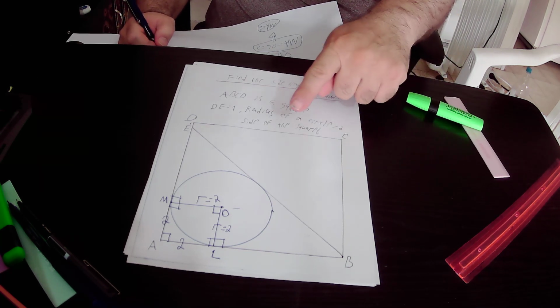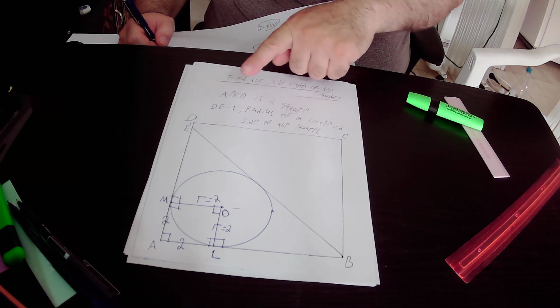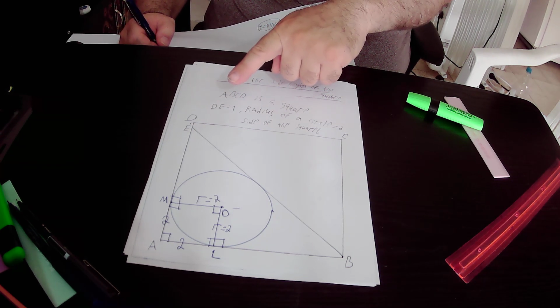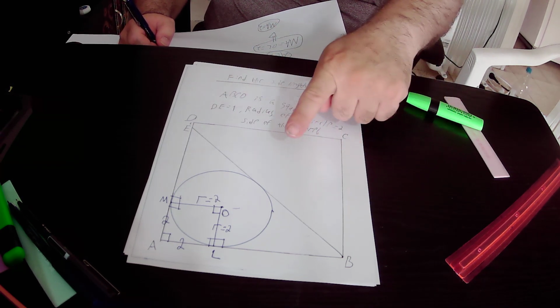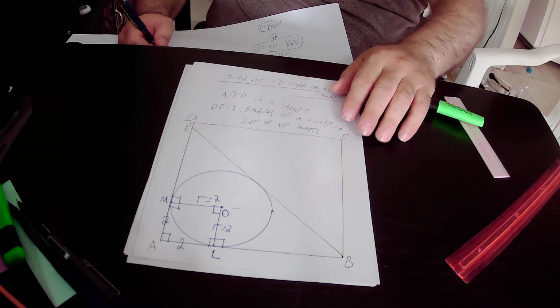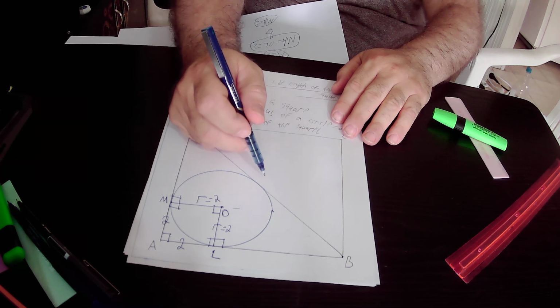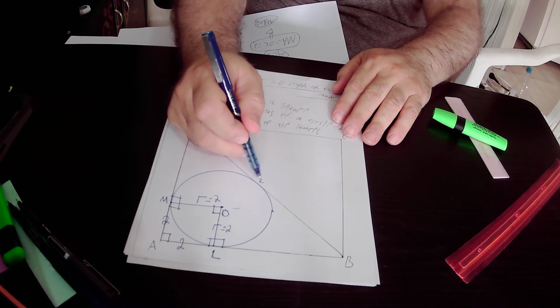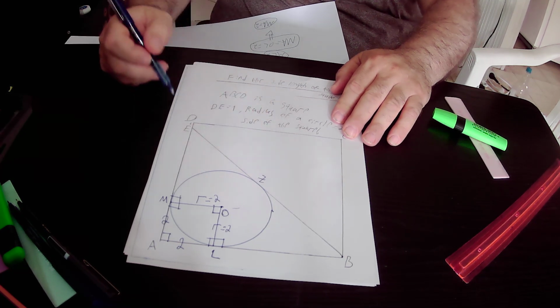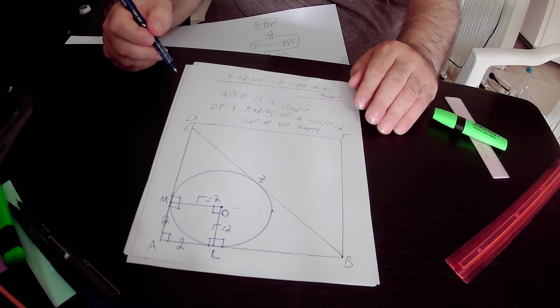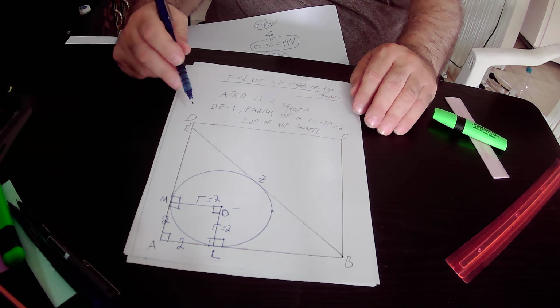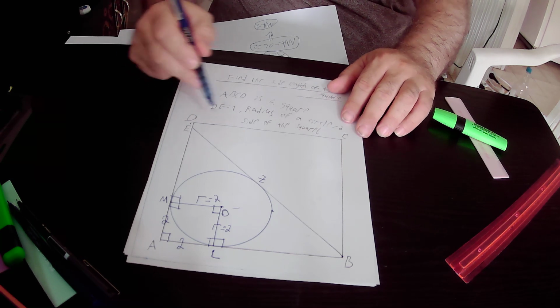Here we will define the point of tangency of line segment EB with this circle as point Z. So the second tangent from point E to this circle is EZ.